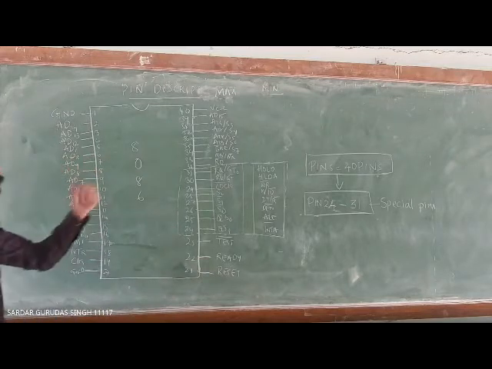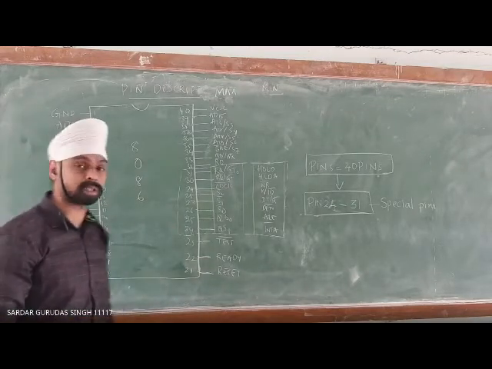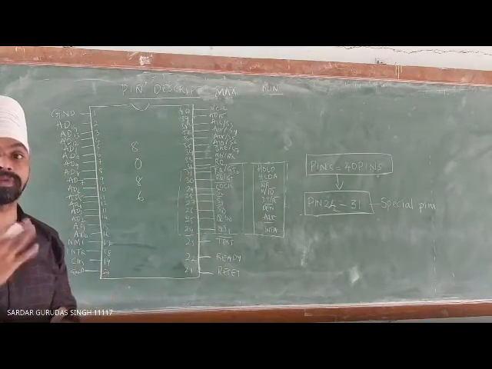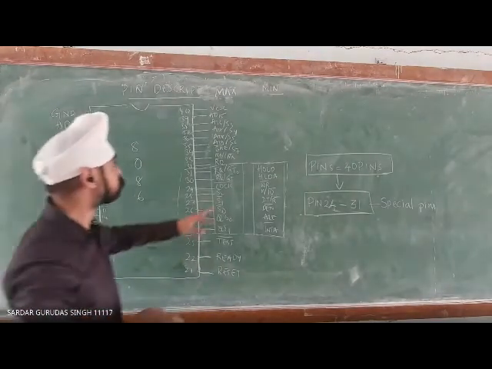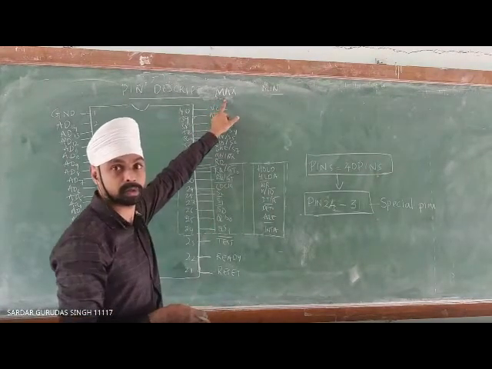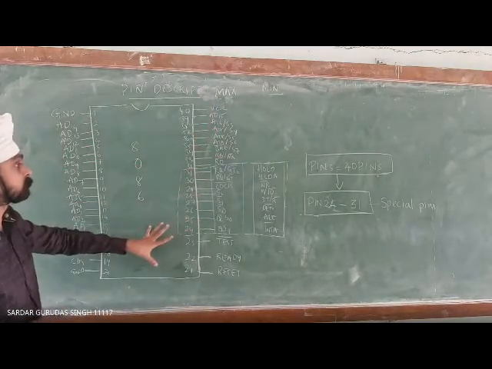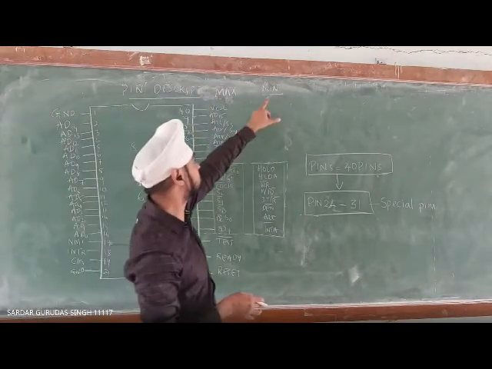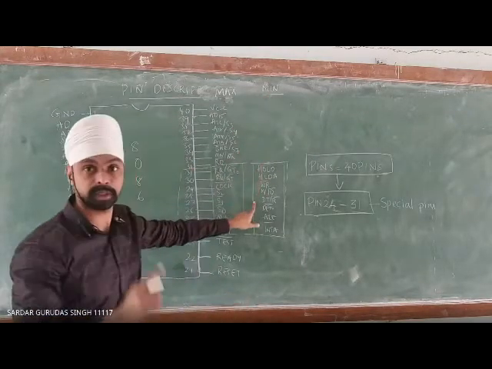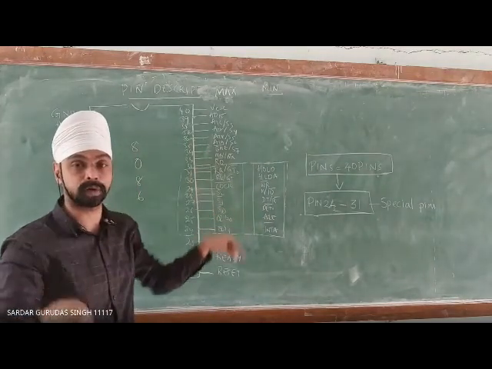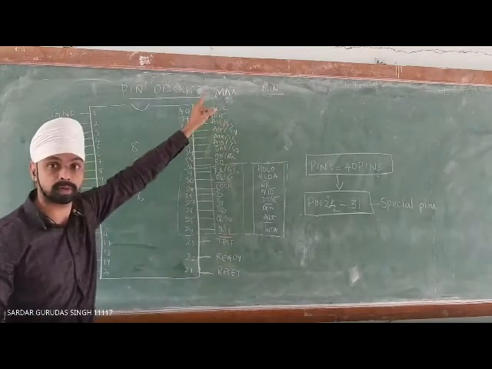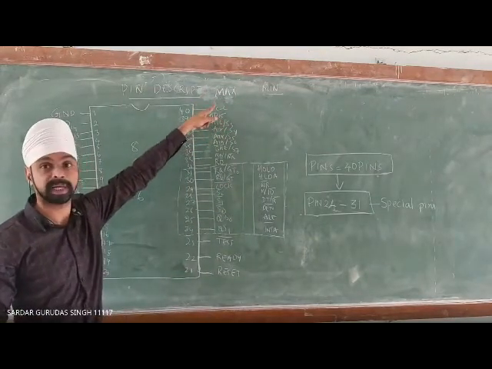So where do we use minimum mode and maximum mode? Suppose in your application you want high performance, then you need to go with multiple processors. That is nothing but maximum mode. If in your application performance is not essential, then you can go with minimum mode. Only one processor in your whole system is minimum mode. If there are multiple processors in your whole system, it is maximum mode.